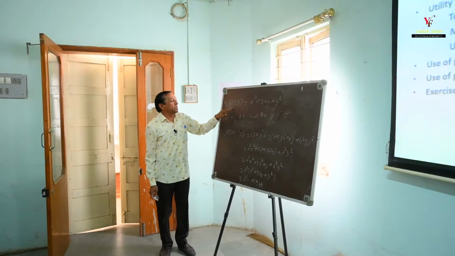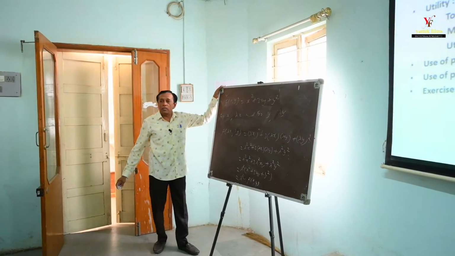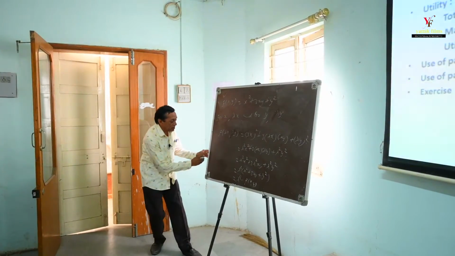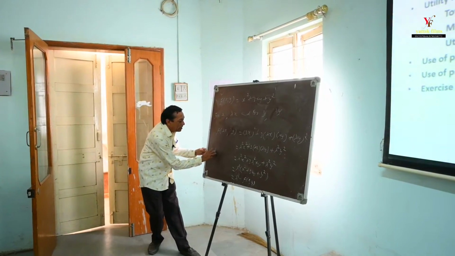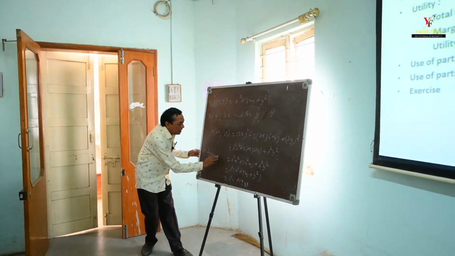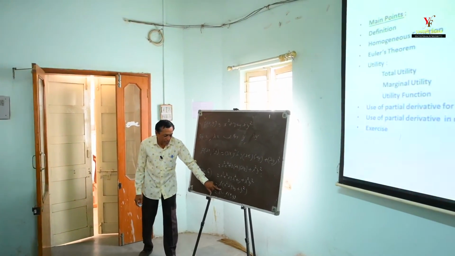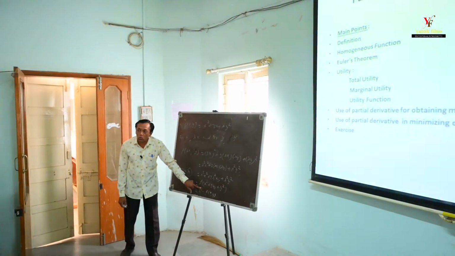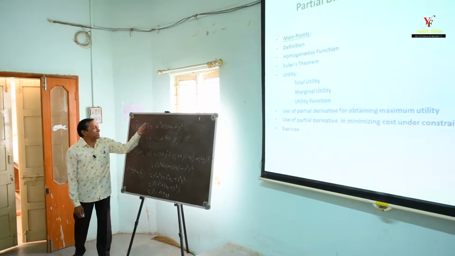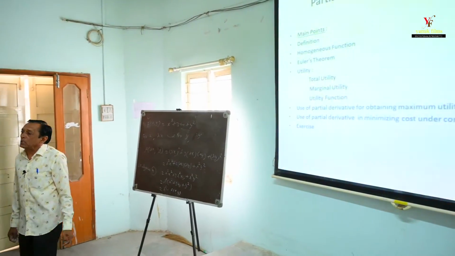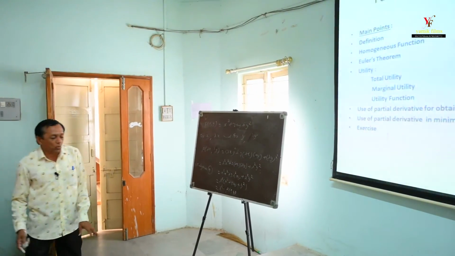Then the given function f of xy is a homogeneous function of degree n. Here, since x square becomes lambda square, n is 2. So the function is homogeneous of degree 2.